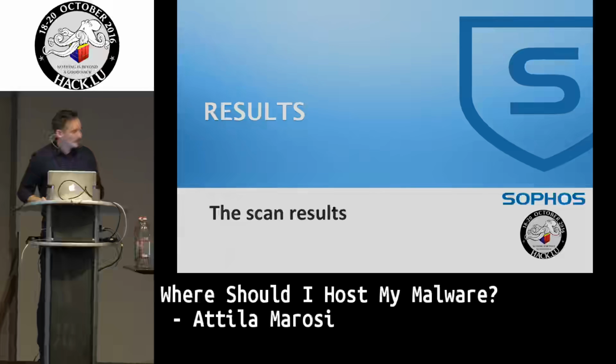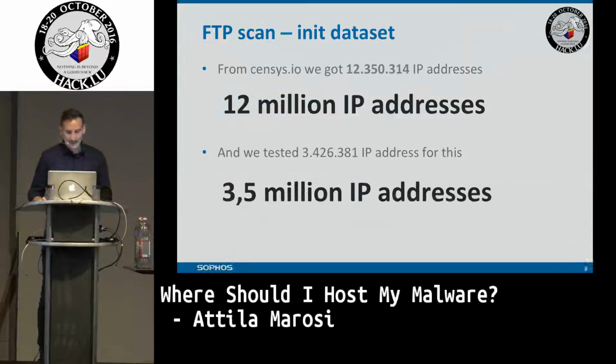So, more about the details. From Censys, we got more than 12 million IP addresses which belong to FTP services. We didn't want to test all of them, so we just took 3.5 million to test, because this process is not so fast, and we just wanted a big set of them.